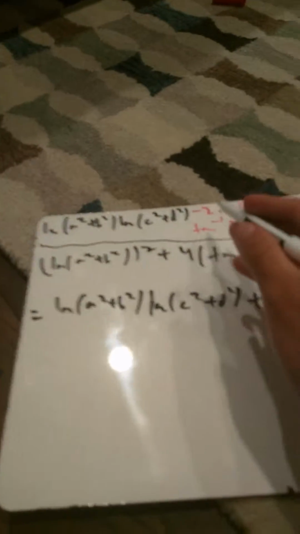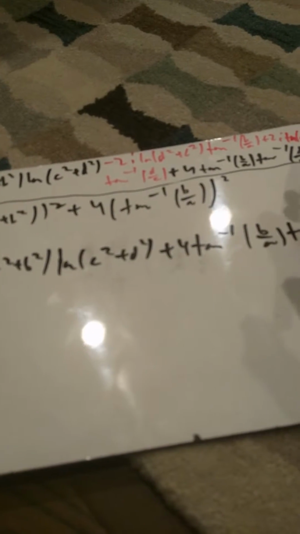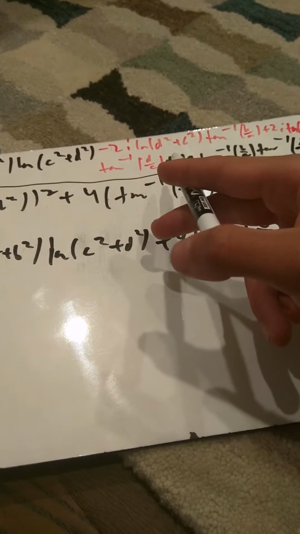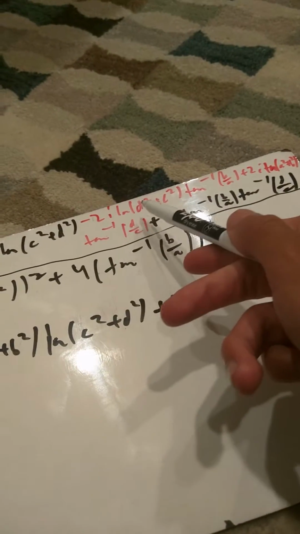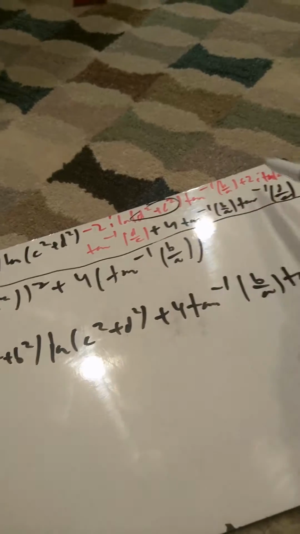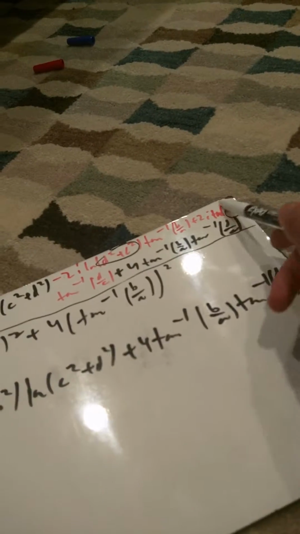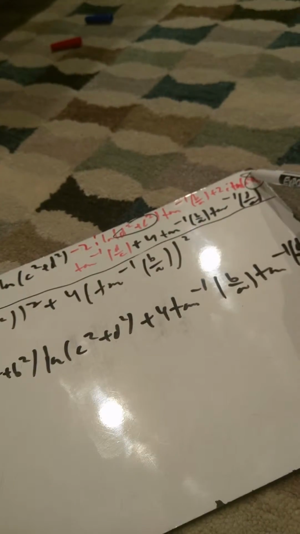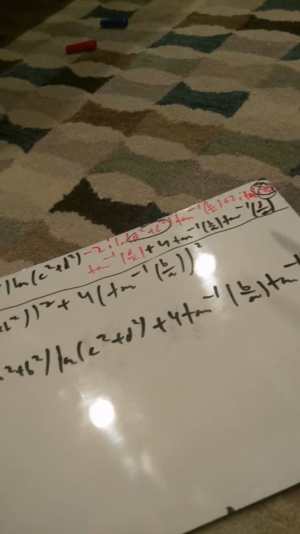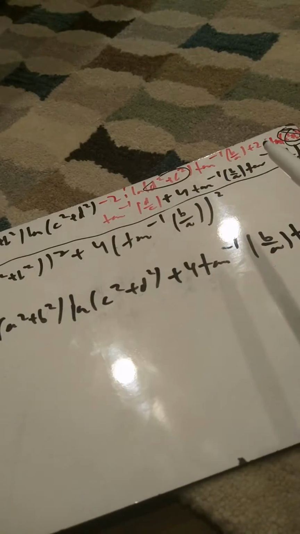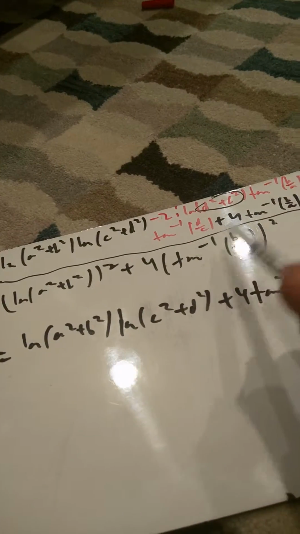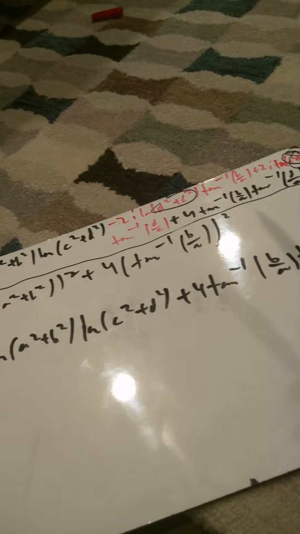So now we have minus 2i natural log and tangent. They have plus 2i natural log and tangent. But the thing is, the natural logs are different. So we have natural log of d squared plus c squared, and here we have natural log of a squared plus b squared. And we also have arctangent of d over c, and there we have arctangent of b over a.